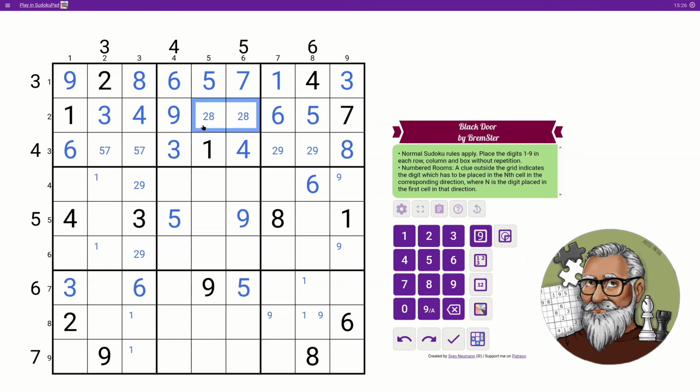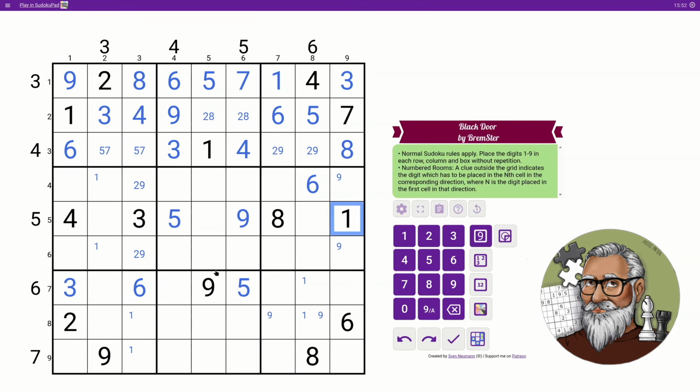Okay, so what can we do now? How do we continue? Any interesting digits that we can pencil mark or so? I see 1, no, 2, we didn't get a lot, right? 3, we got a few 3s.